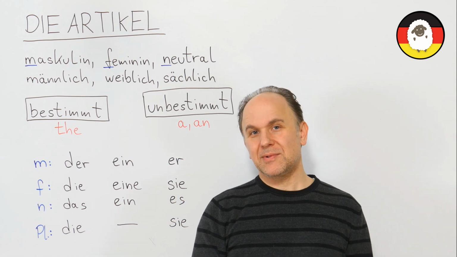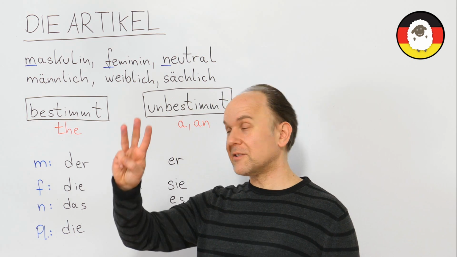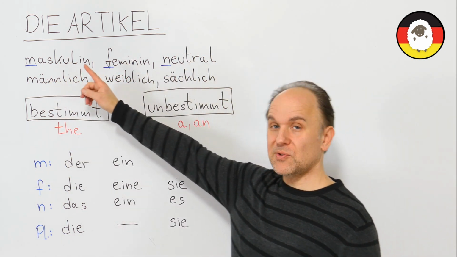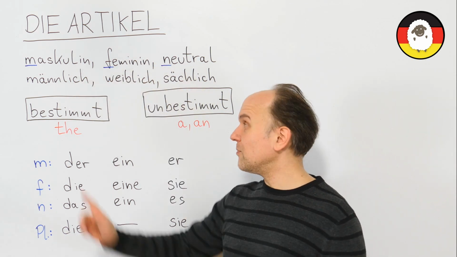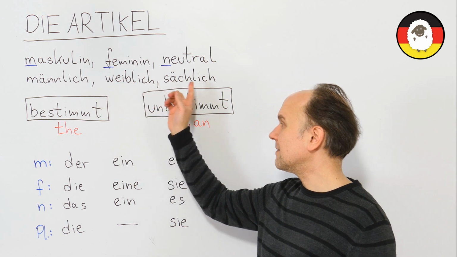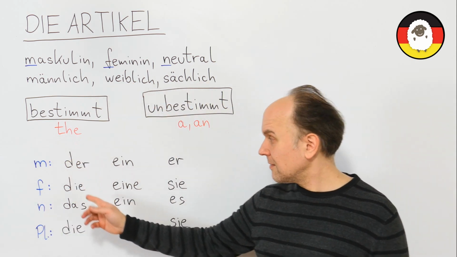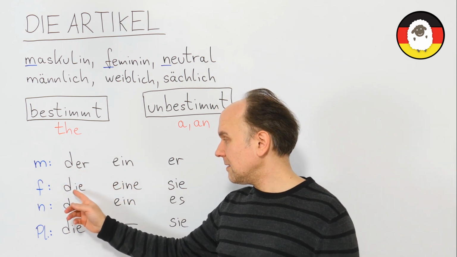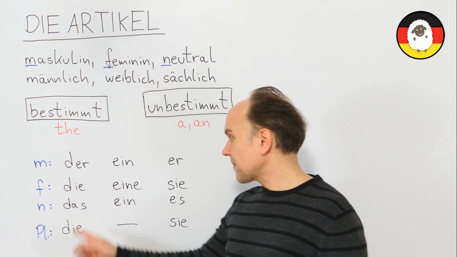Okay, let us recap. Rekapitulieren wir. In German we have three different grammatical genders: masculine, feminine, and neuter. Maskulin, feminin, neutral. We could also say männlich, weiblich, sächlich. The definite article could be der, männlich, die, weiblich, das, sächlich.